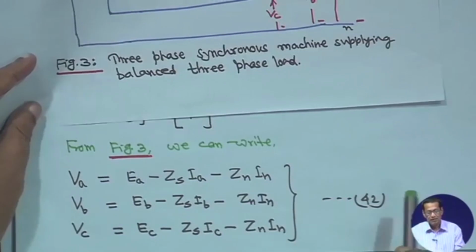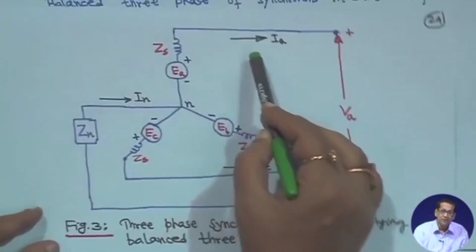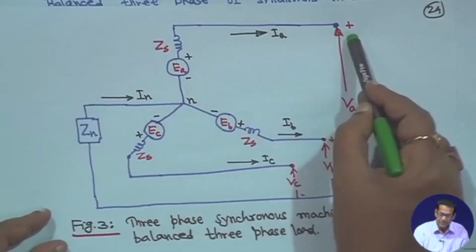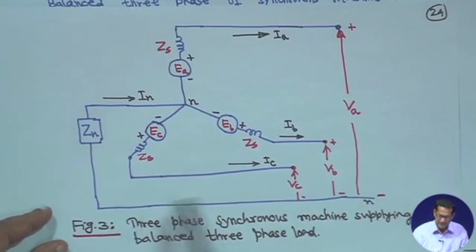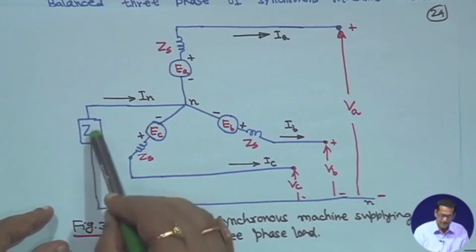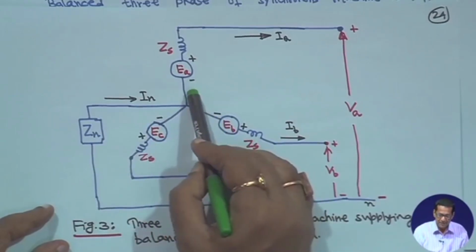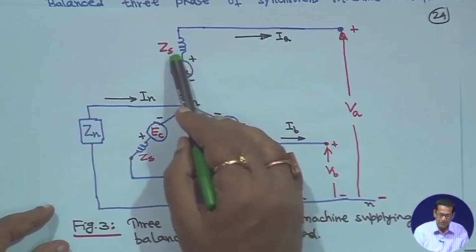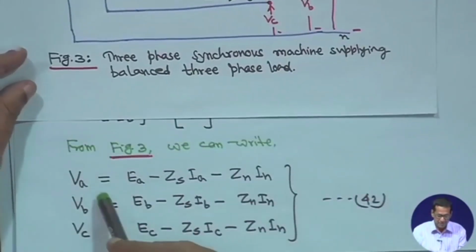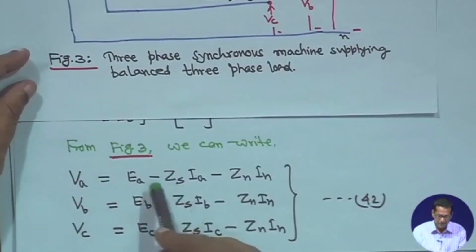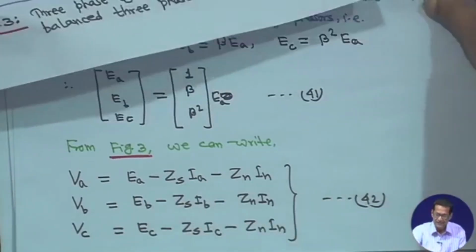That means you apply KVL the way I am showing here, then Zn IN, minus EA, plus ZS into IA. This way you write, then after simplification, VA is equal to EA minus ZS IA minus Zn IN.